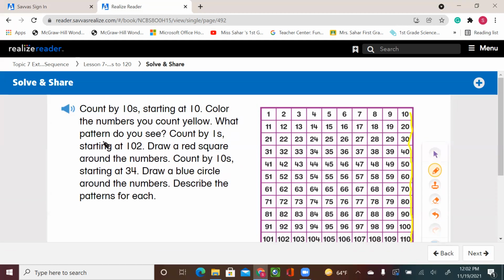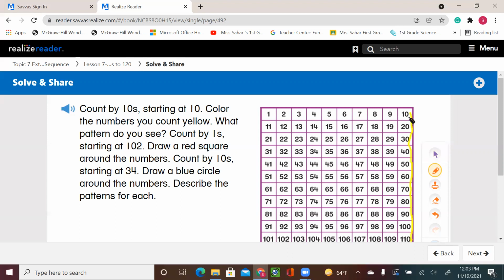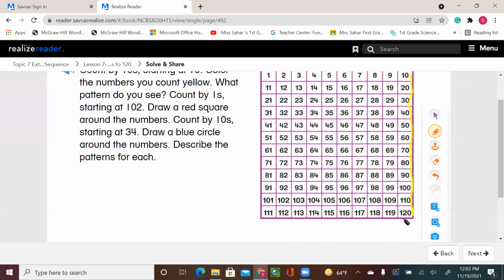What pattern do you see? I can see that the ones in all the blocks all the way till 120 was 0. And then my tens started with 1 and goes up. So 1, 2, 3, 4, 5, 6, 7, 8, 9, 10, 11, 12. So that's the first part.